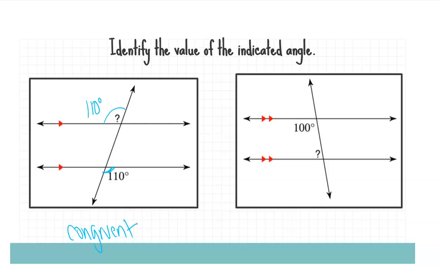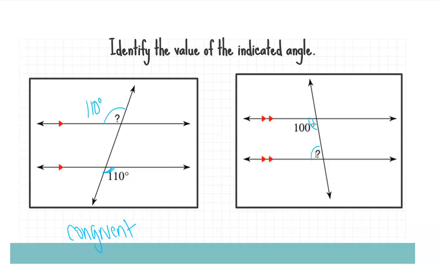Alrighty, for the second example, we have an angle of 100 degrees, and then we have an unknown angle below. These two angles are going to be same side interior angles. They're both on the left side of the transversal, and they're both inside or in between the parallel lines.